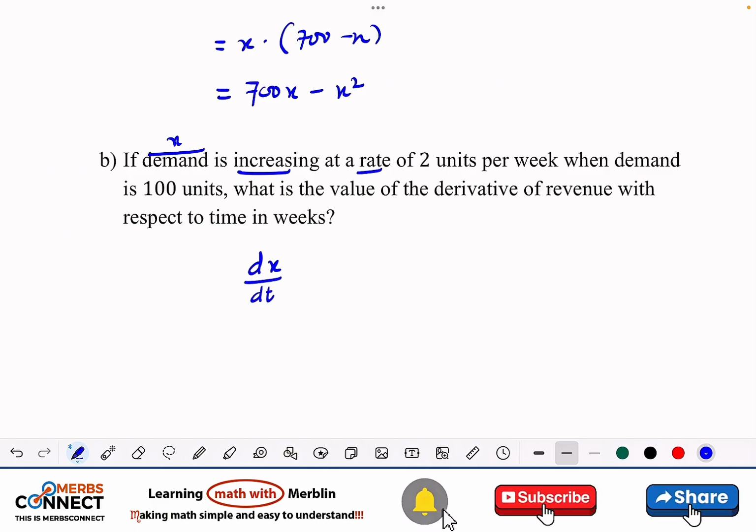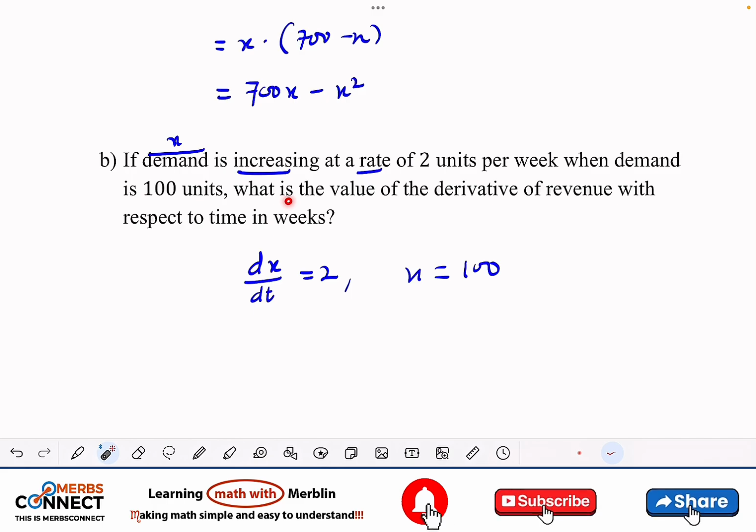So dx over dt is equal to 2, because this is the rate, and increasing means that this is positive. When it's decreasing, it means that this will be negative. And when demand is 100 units, that means that x is equal to 100.